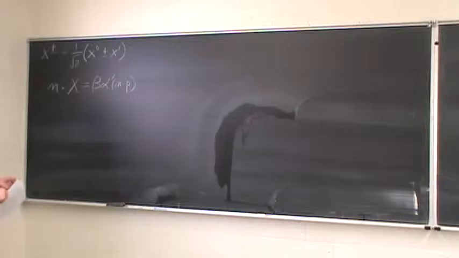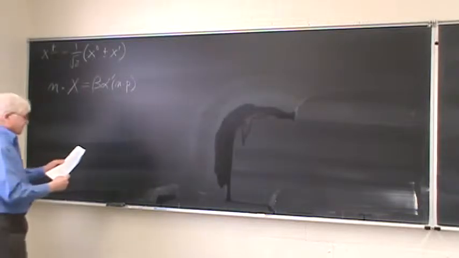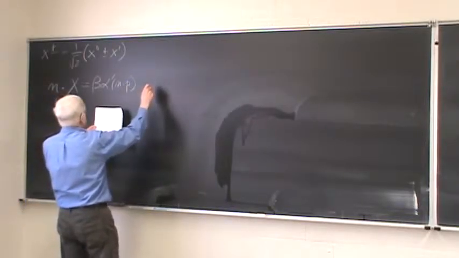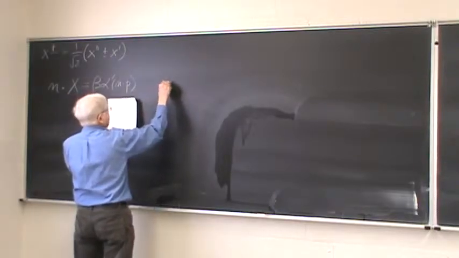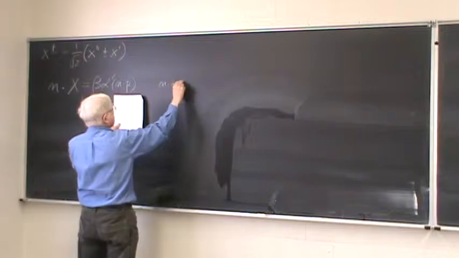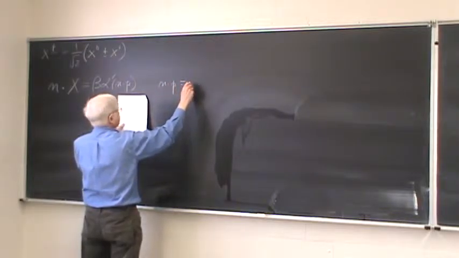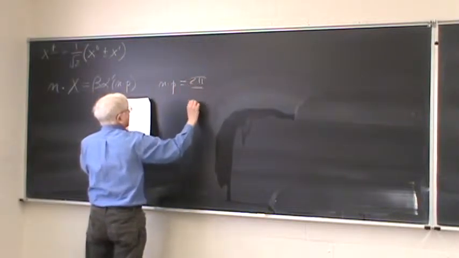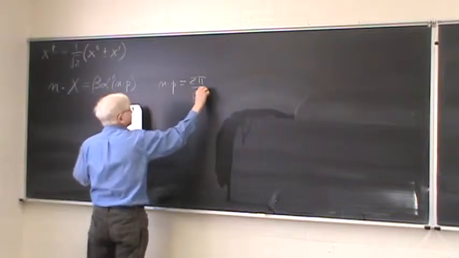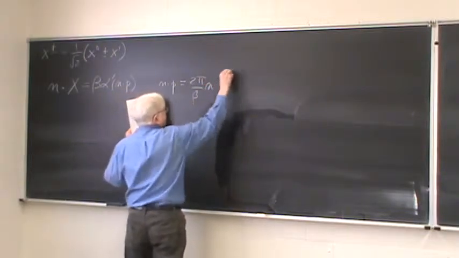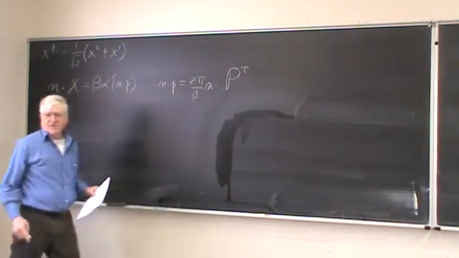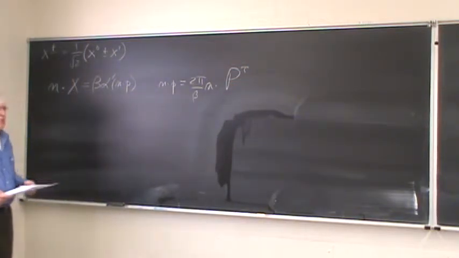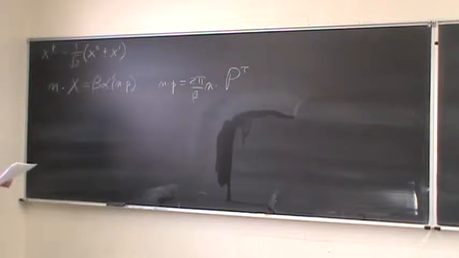I think it's space like, but let me go on. n dot p is 2 pi over beta n dot p tau, that momentum vector. Remember, in the case of the Nambu-Goto string, it's very complicated.